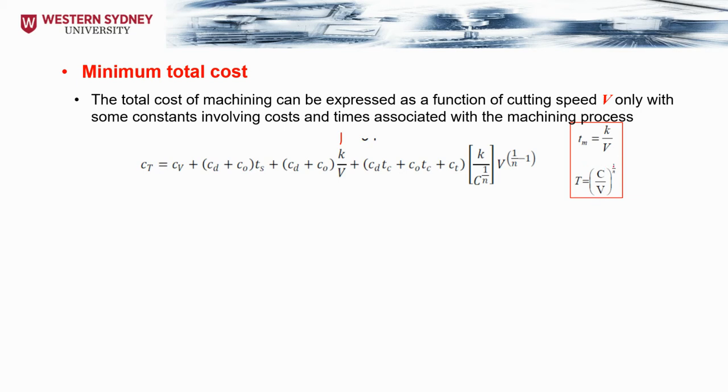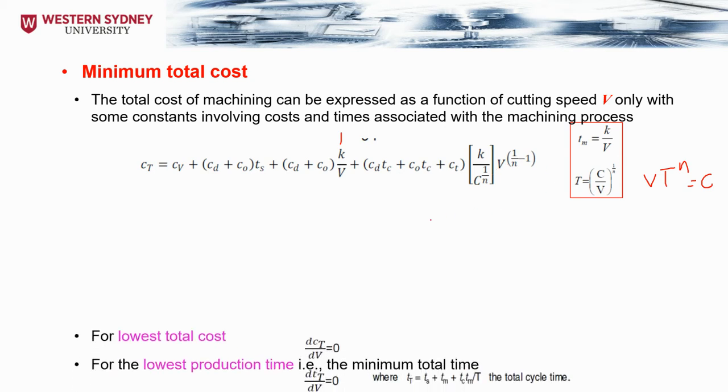The tool life, as you remember from the previous equation, we said that V multiplied by T to the power n is equal to a constant. So once again, we can write down that the T can be replaced with another parameter, which is going to be C over V to the power 1 over n.